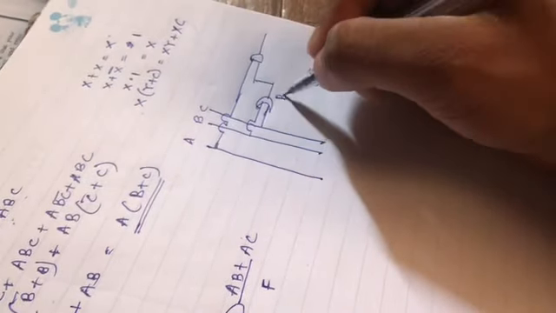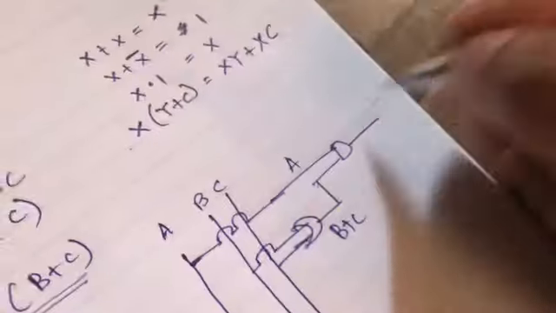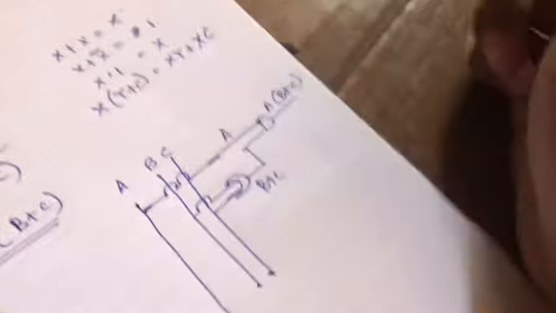So this is this expression. This is B plus C. This is A. So it will result in A into B plus C.